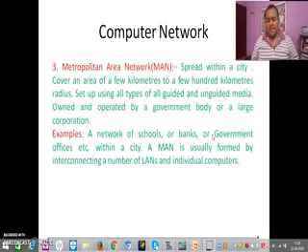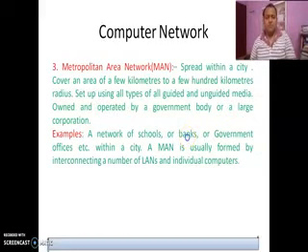For example, your towers are there, so it is a MAN distributing to different networks of schools or banks. Like if my one school is in Delhi and the other is in Sonipat, I can connect both schools. That is possible through the MAN. Banks are there, government offices are there. A MAN is usually formed by interconnecting a number of LANs and individual computers. So multiple LANs are connected and individual computers are connected.